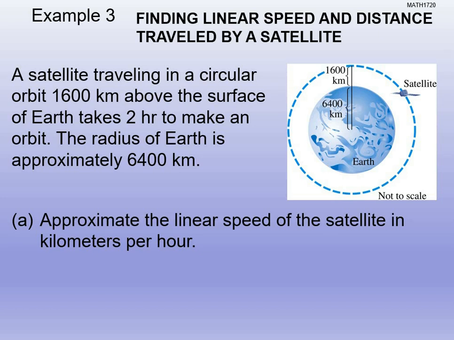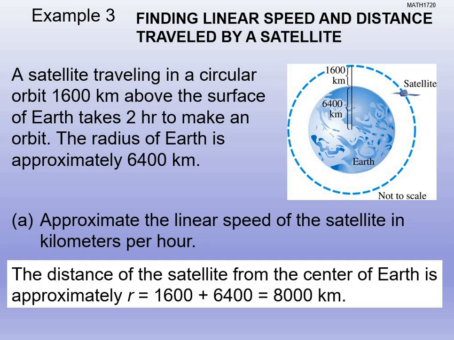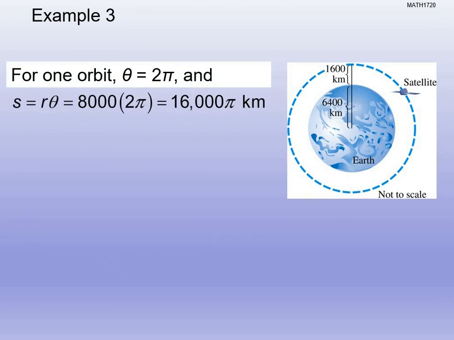Remember, linear speed is some sort of distance over time, or S over T, or theta over T, and so on. So which one do we pick here? Like I said, the most important part is keeping track of what the true radius is. We're going from the center of the Earth, so we got to combine those to get 8,000.